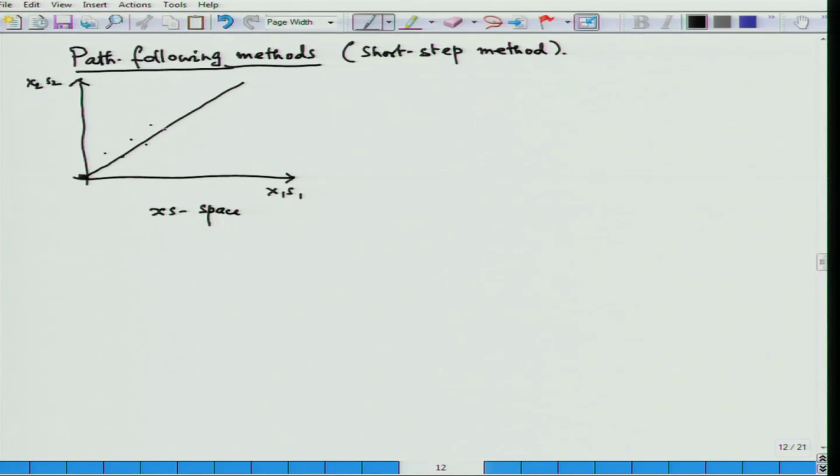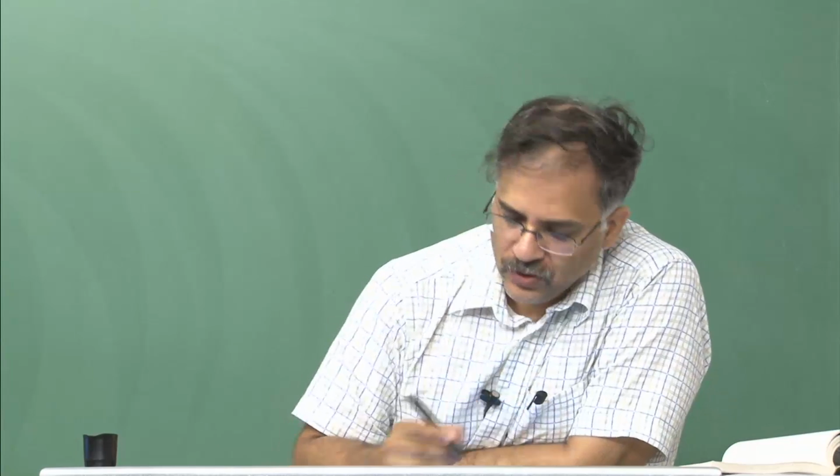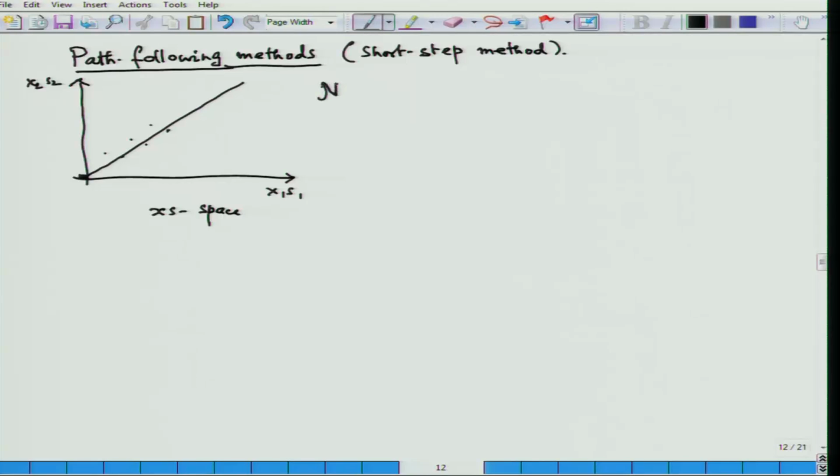Now, we have to then somehow force these solution points, these approximate solutions actually, to stay in a region near the central path. So, we have to define what are called the neighborhoods of the central path.